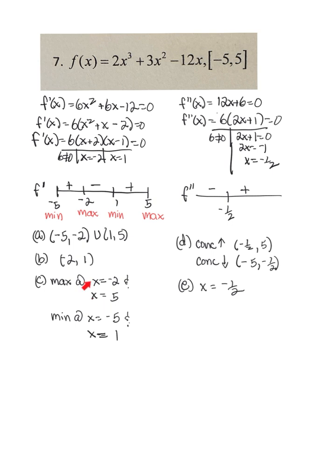Now, just as a reminder, I wrote these down so that you could see them. So clearly this is a max because the function goes from increasing to decreasing, just like 1 is a min because the function goes from decreasing to increasing. Then remember what we talked about. So let's just look here.